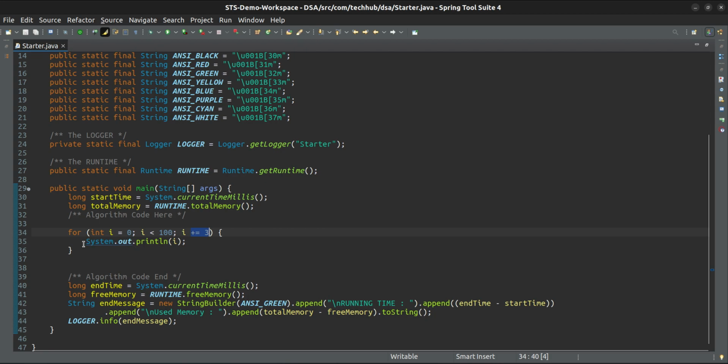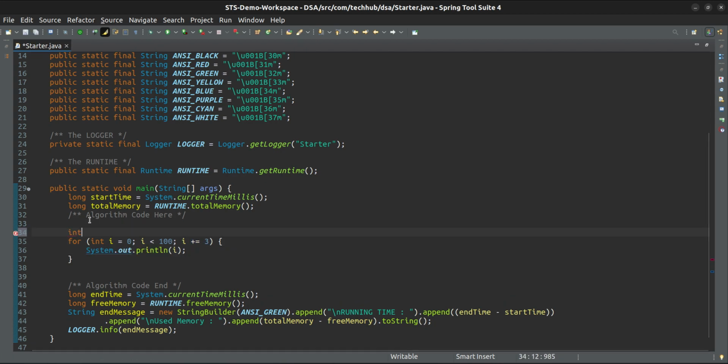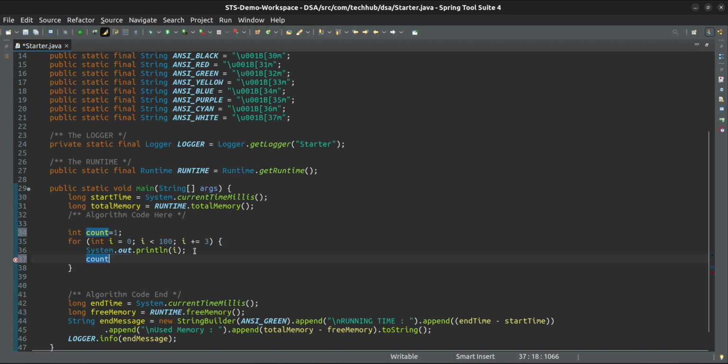Okay. Or if you want to calculate, you can write one count variable equal to 1. Every time it is executed, increment this count by plus. And after this, you print the count.